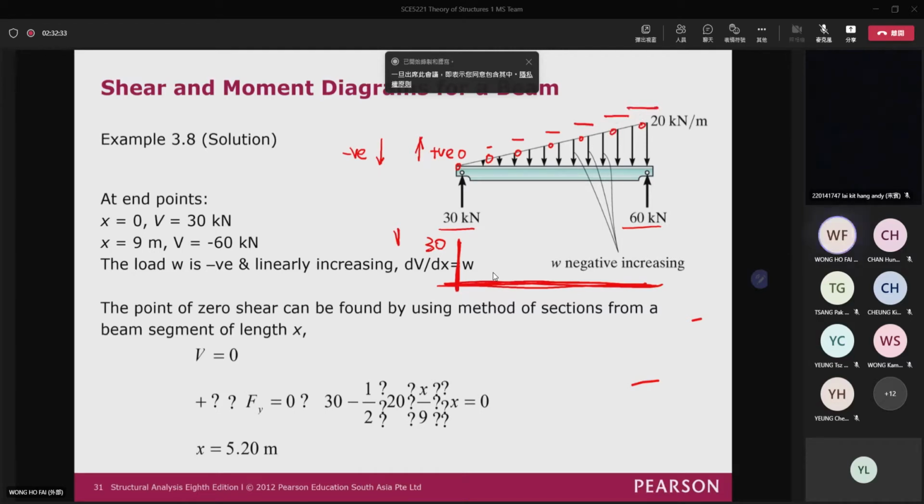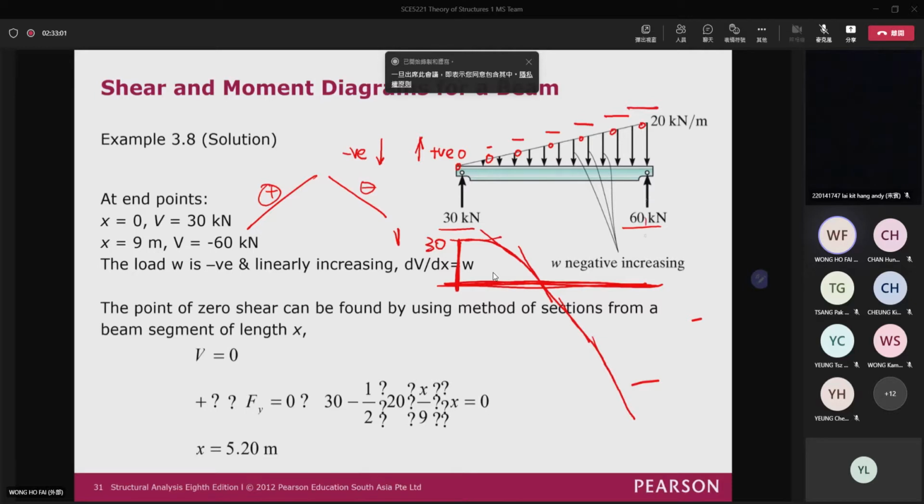So right here, you know that the slope is actually positive in this direction and negative in this direction. So at the first, the slope is equal to 0, and then more and more negative, and finally it is very negative at the end.